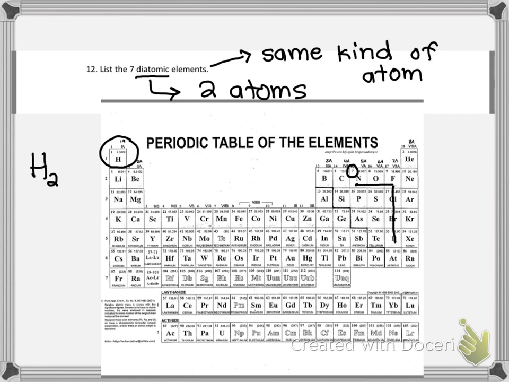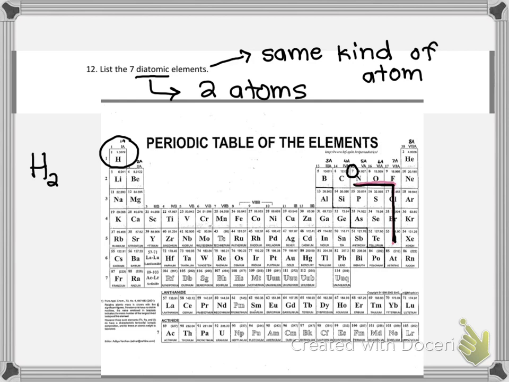Now when I look at this number right here, across and down, I see the number 7. So what I remember is hydrogen is the first diatomic element. And then if I go to number 7 and make a 7, I will have the other 6.